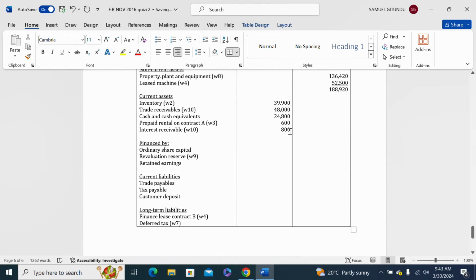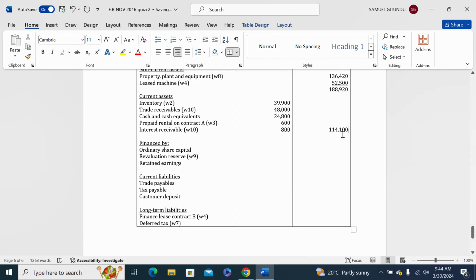And if we add all of this, I'm getting 100 as the total of the current assets.